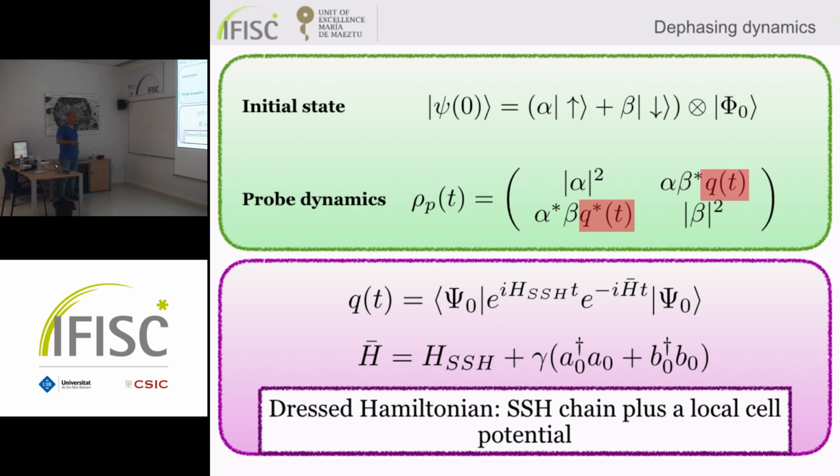And these factors can be calculated as the average value of the initial state of the bath. On the right hand, you evolve it according to a dressed Hamiltonian. On the left hand, you have just the bare SSH chain. The dressed Hamiltonian is the original Hamiltonian plus a local defect, a local cell potential.